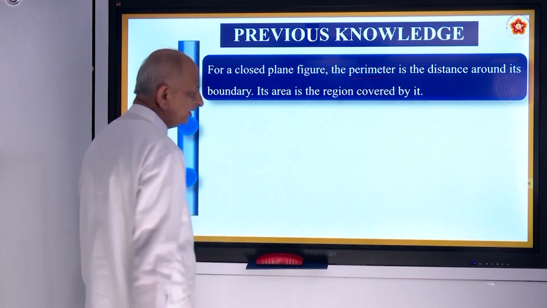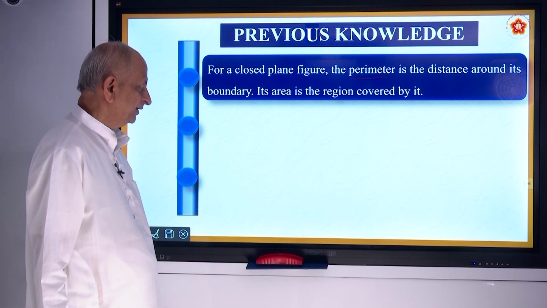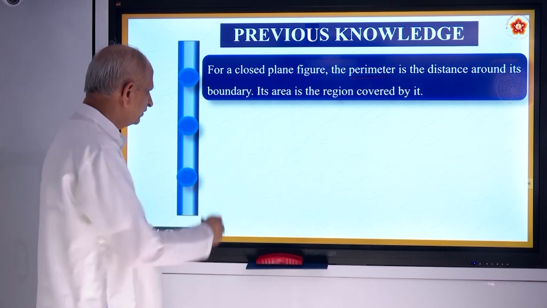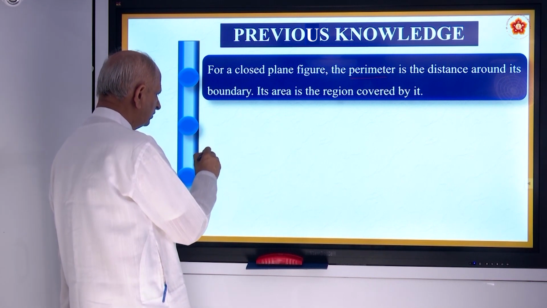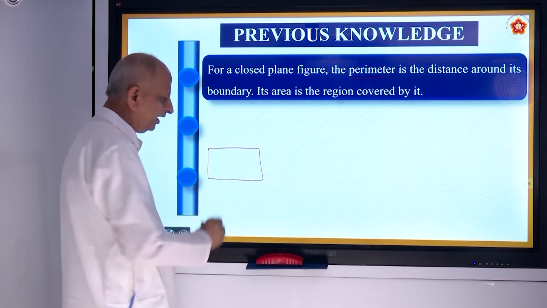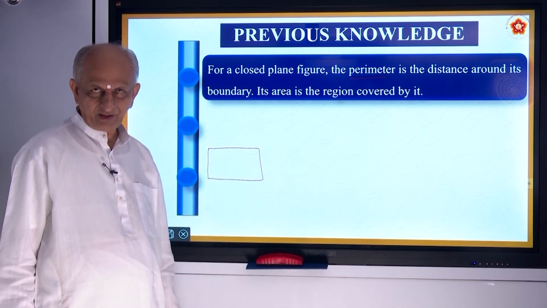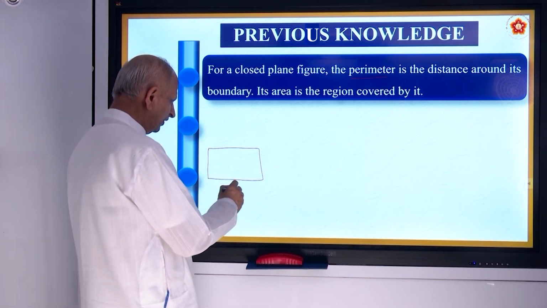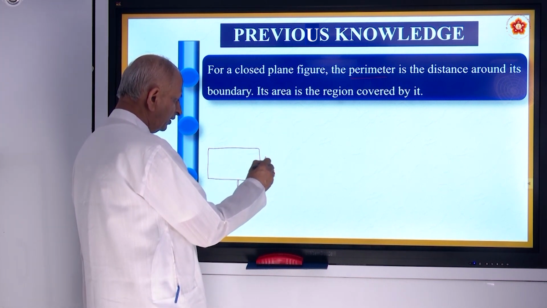So closed plane figure, perimeter. There is one thing you have already studied about perimeter: it is the distance around its boundary. So suppose you have this closed plane figure. What do you call it? You call it a rectangle, correct? So what is the perimeter? How many lengths does it have?